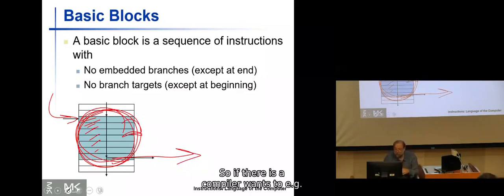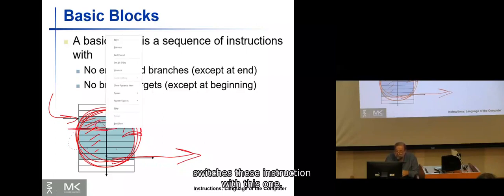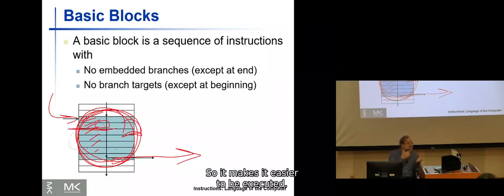So if the compiler wants to, for example, switch this instruction with this one, it makes it easier to be executed. You don't have any idea right now what it means, but just think about it. If you have code which you are sure will be executed one by one, then you can do something with these instructions, changing them and moving things.